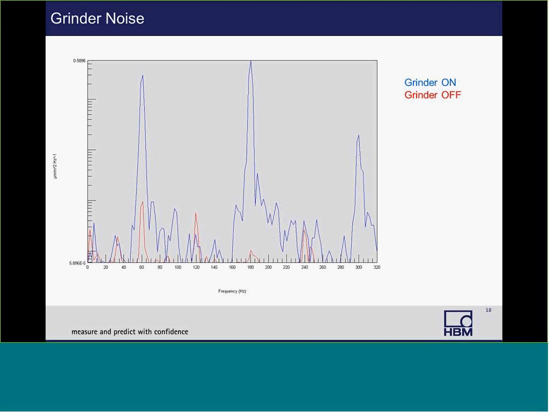It's an example of how, if you didn't know I was pulsating that grinder, you may mistake it for strain in the actual gauge. So this is an example of how, if you can remove noise sources, if the grinder is not in the area, then you can really eliminate some noise.